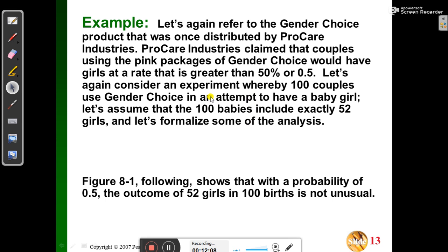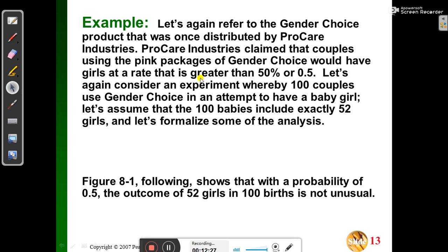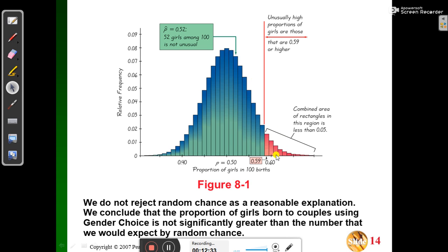Here the relative frequency is more than 50%, that is 52, but most of the scenarios lead here, that is why we cannot say that that is evidence for gender choice. If the rate of baby girls is supposed to be over here, then we might say that gender choice has some effect.